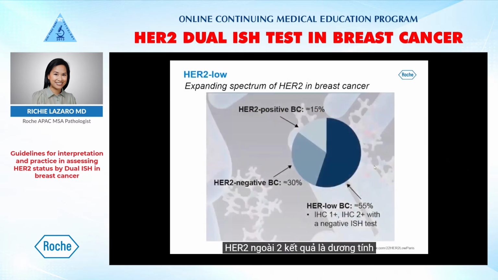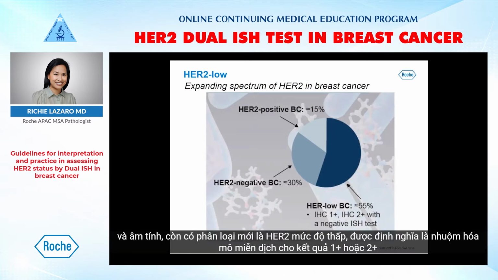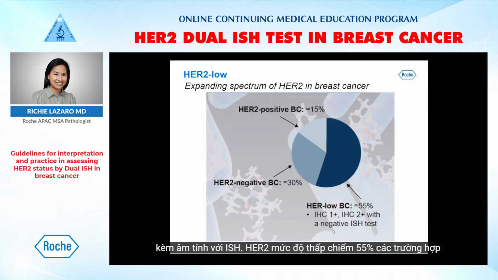HER2 categories are going beyond the binary results of positive versus negative and are including HER2 low, which is defined as IHC 1+ or IHC 2+ with a negative ISH test.